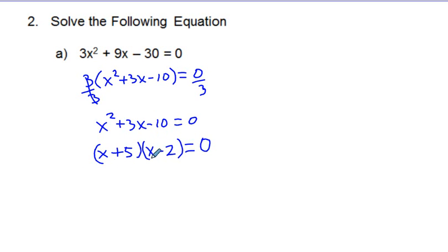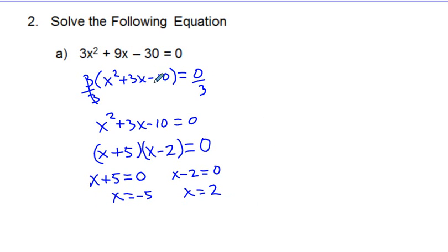So this will be our factored form, and then we can use the zero factor property to rewrite this as x plus 5 equals 0 and x minus 2 is equal to 0. And so therefore x is equal to negative 5, and also x is equal to 2. So that's what we have here.